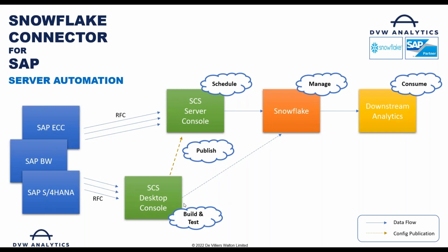But as you'll see in a second, we can publish that connection up into the Server console. And within the Server console, we can then schedule those calls, maybe nightly, maybe hourly, it doesn't matter, to pull data across from SAP BW, HANA, ECC automatically and push the data into Snowflake. So updating Snowflake where it can be managed and then consumed downstream.